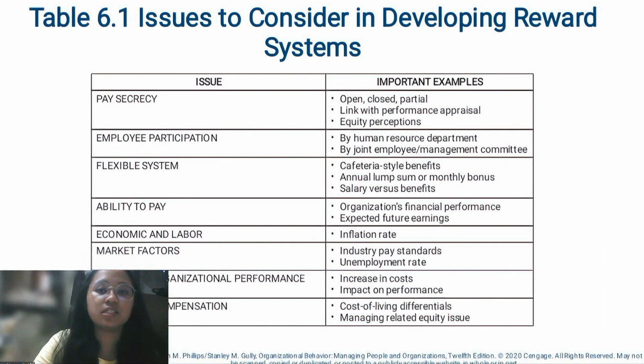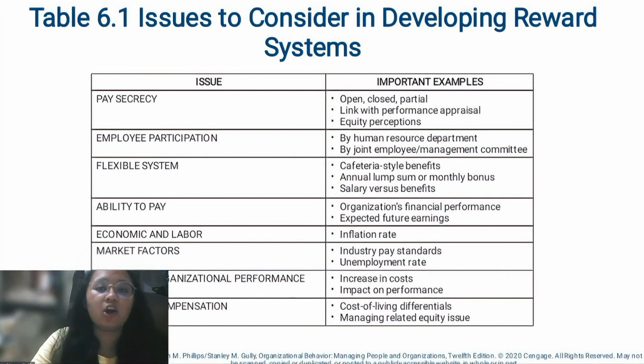Next are issues to consider in developing a reward system. Pay secrecy, with important examples being open, closed, and partial, linked with performance appraisal and equity perception. Employee participation by the Human Resource Department, or by a joint employee and management committee. Flexible systems are cafeteria style benefits, annual lump sum or monthly bonus, and salary versus benefits.